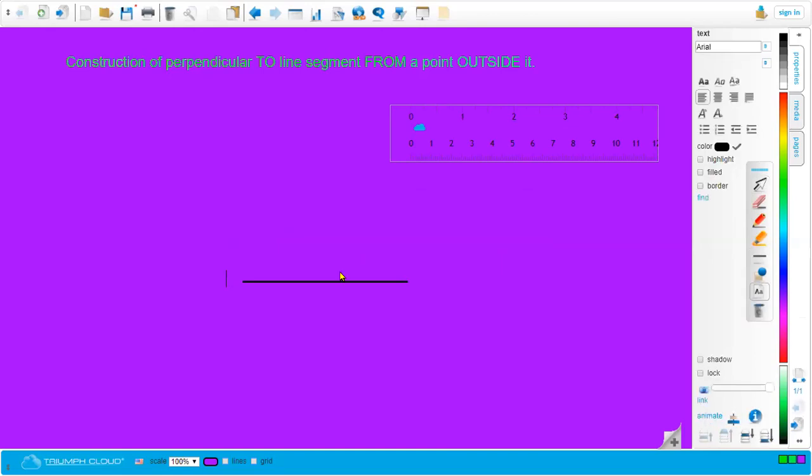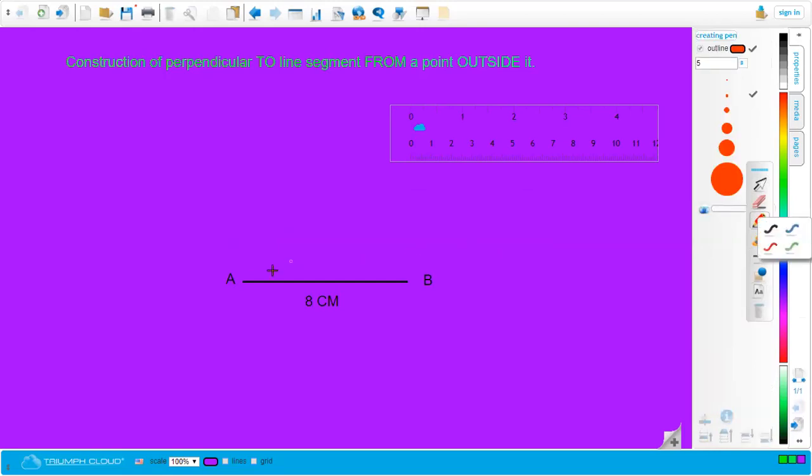Let me name this line segment AB, which is 8 in centimeter unit. Let me mark the end points of the line segment. This is the point A and this is the point B, and we have to take one point outside this line segment.